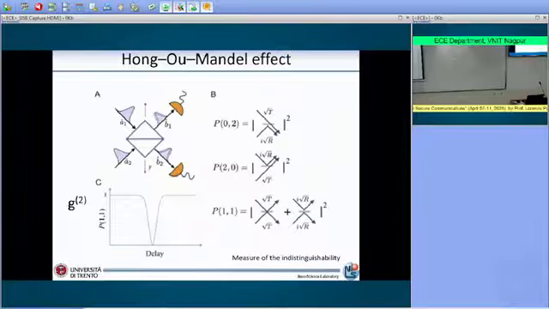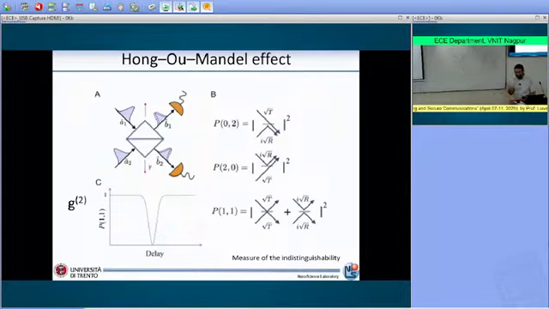If the delay between the two photons is equal to 0, I cannot distinguish between the two photons, and therefore this probability is going to 0. And so, the probability to get both detectors clicking at the same time is going to 0. So this Hong-Ou-Mandel effect is a measure of the degree of indistinguishability of the photons.